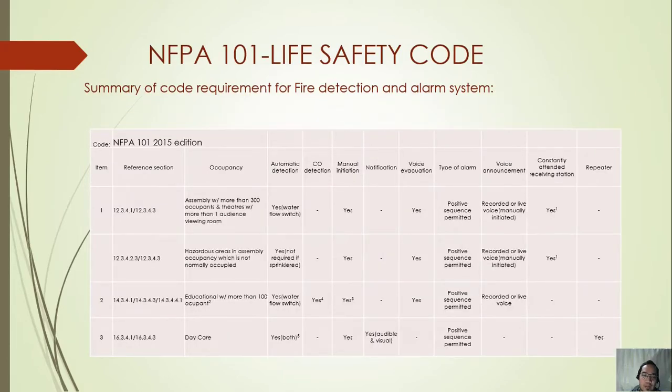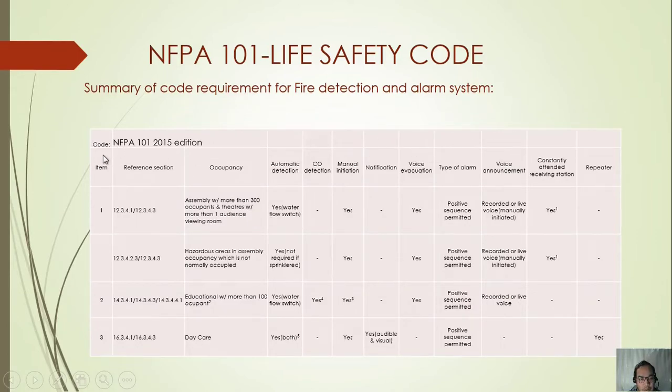So you don't need to search anywhere in the pages of 101. I also gave the reference here, so you can verify. It's just a summary, guys, of the requirements of NFPA 101 for each occupancy. Okay, let's have a look.